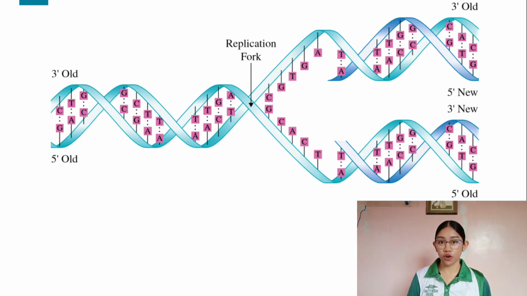Ang replication fork, mauna ang point kung asa nadapit gagunting si DNA helicase. And since DNA helicase is constantly breaking the hydrogen bonds between the complementary bases, the replication fork is also constantly changing or moving. In short, kung asa sa DNA helicase, diha pod nimo makita ang replication fork.